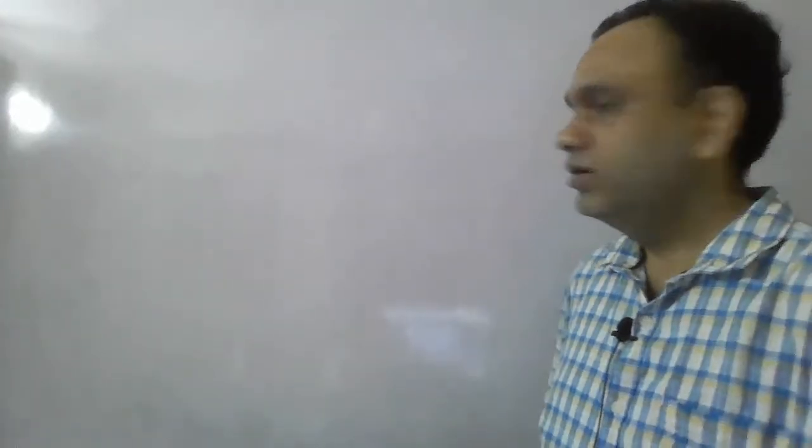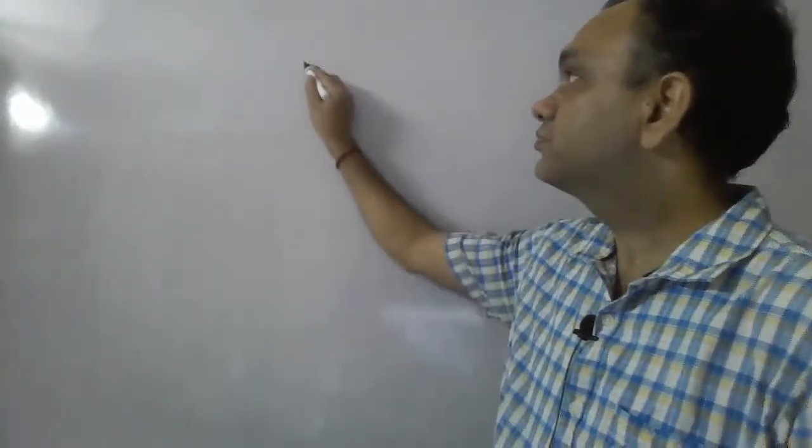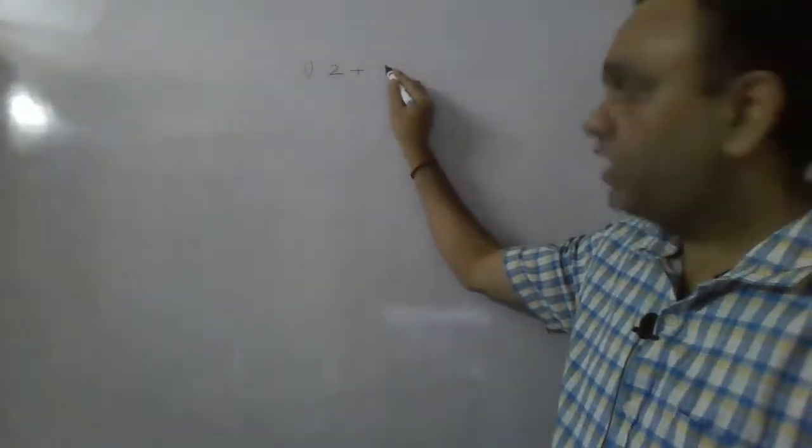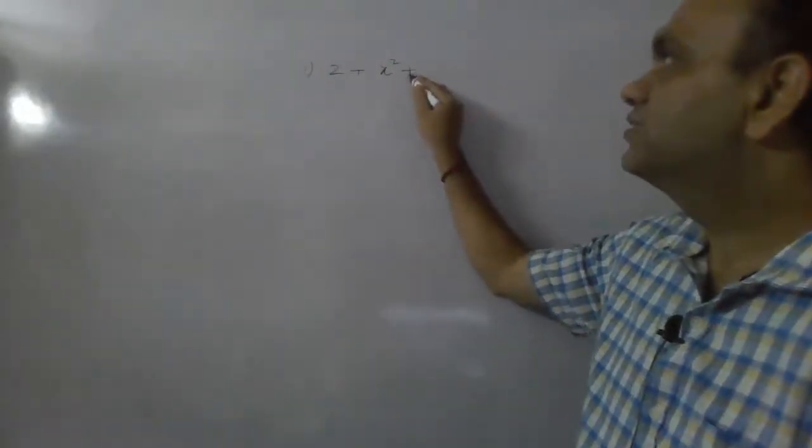Now they have asked what is the coefficient of x square in each of the following. So the first one is 2 plus x square plus x.